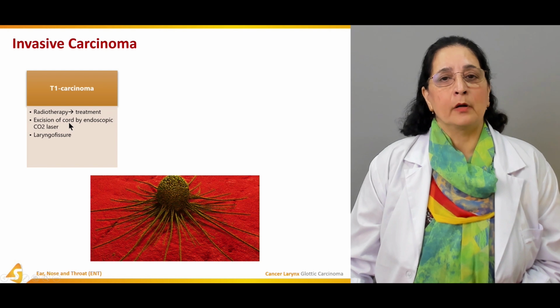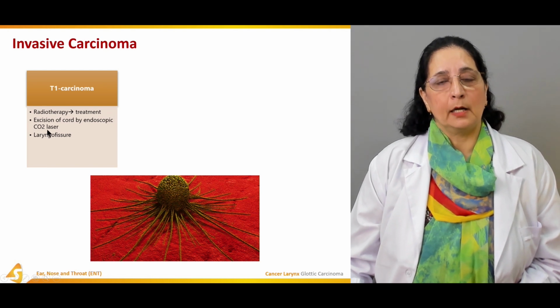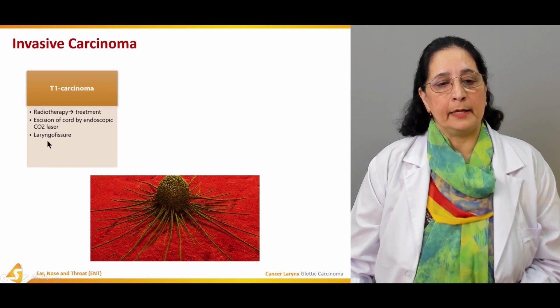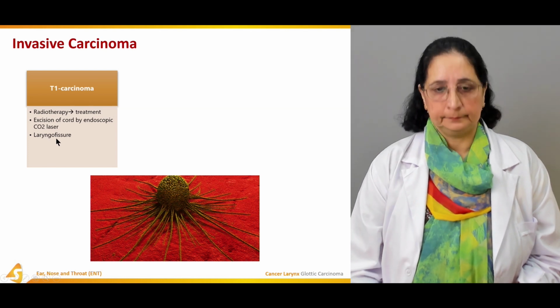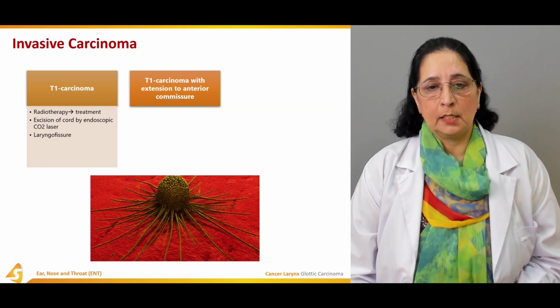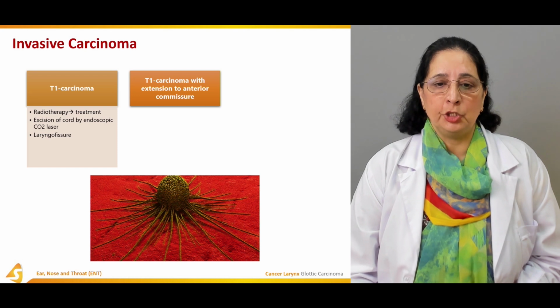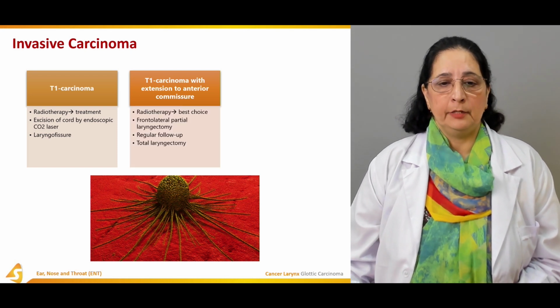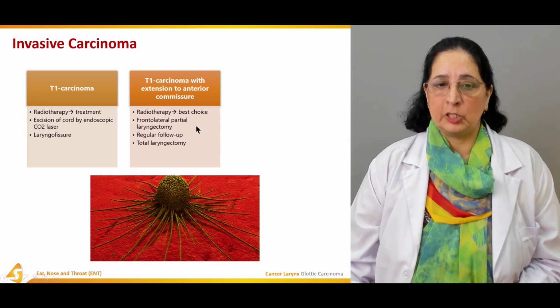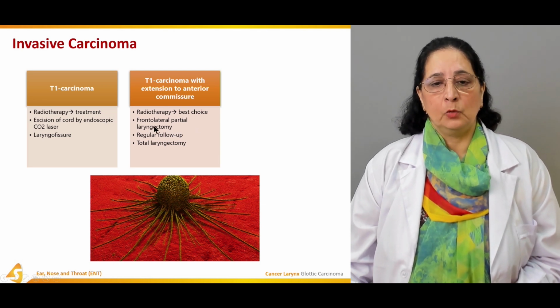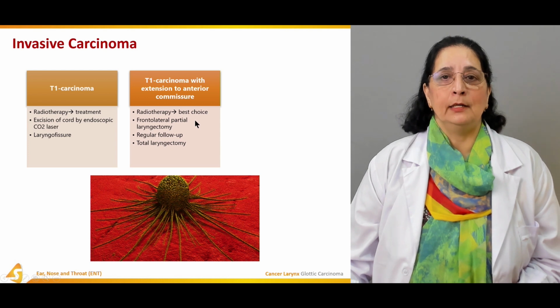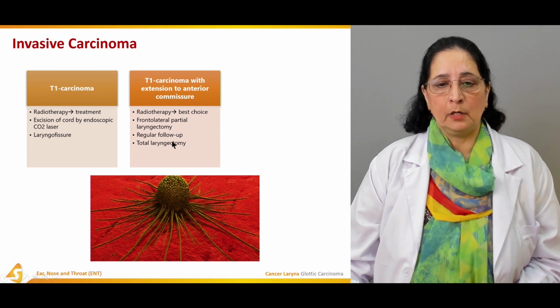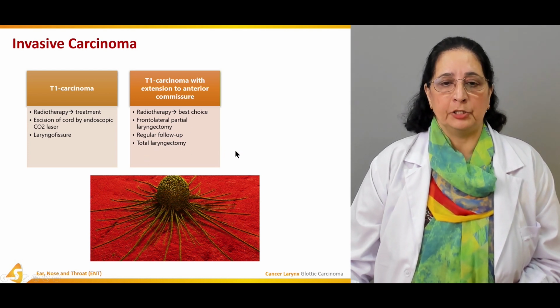Excision of the cord by endoscopic carbon dioxide laser and laryngeal fissure. For T1 carcinoma with extension to the anterior commissure, radiotherapy is the best choice. Then frontolateral partial laryngectomy, regular follow-up, total laryngectomy.